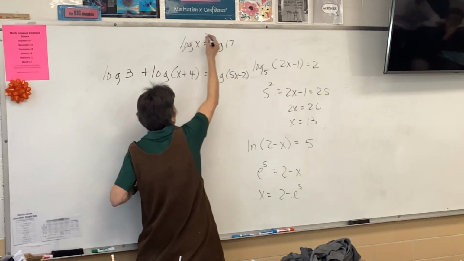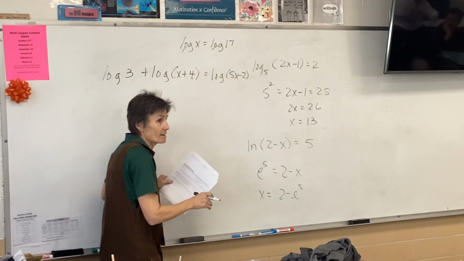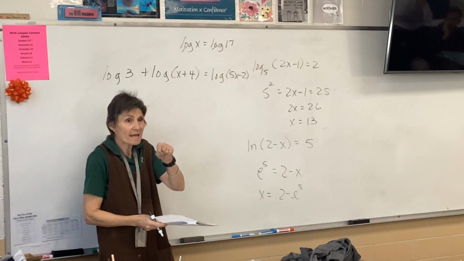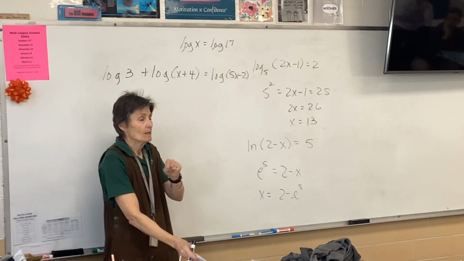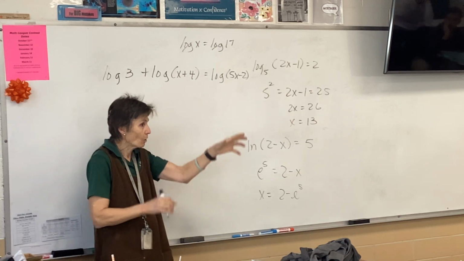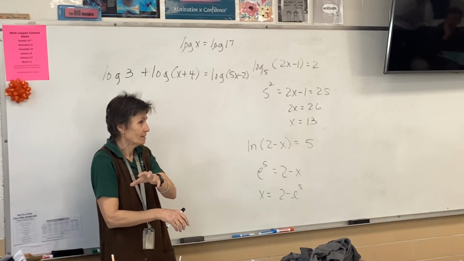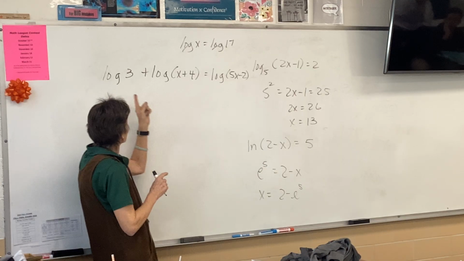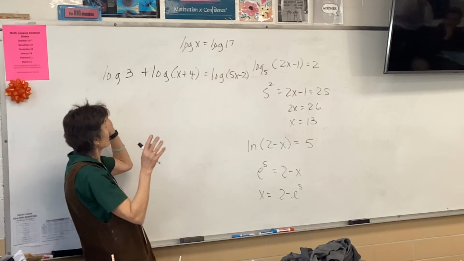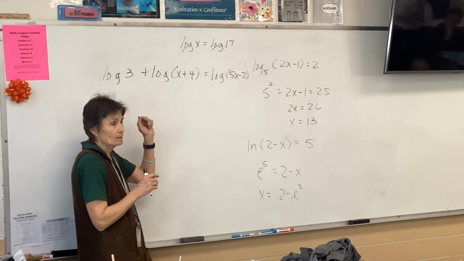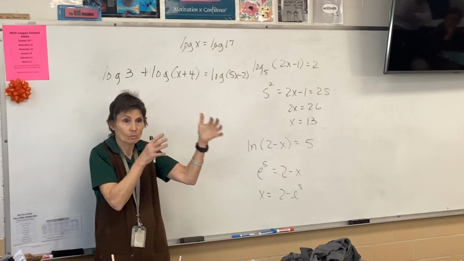In other words, you can drop those off and just say x equals 17. But you can't do that until your equation says log equals log. That's when you can drop it. So you can't look at this equation and say, oh, I'll just get rid of the logs. No. It has to say log equals log.